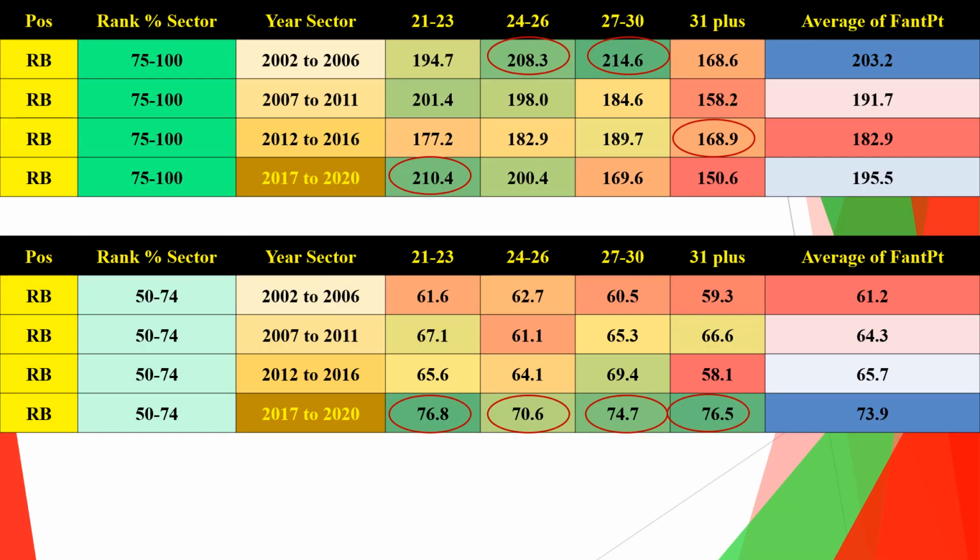If we look across and aggregate the data and look at year sectors, I did the top 25 and then the next 25, the 50th to 74th, the rank sectors, year sectors, and the age. So in the best running backs, youth has stood out even better than these guys. And notice the complete drop here.